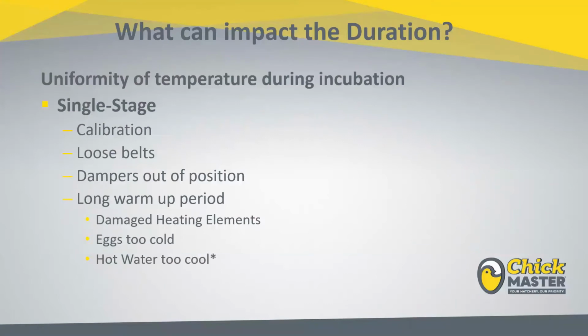Also, you'll recognize that hatcheries that run with extremely cold egg room conditions cause those eggs to be very cold, and really cold eggs means that it's just going to take longer to get those up to temperature. And then if you do utilize hot water, just make sure you're operating your hot water at a temperature range adequate enough to bring the machine temperature up as soon as it needs to.